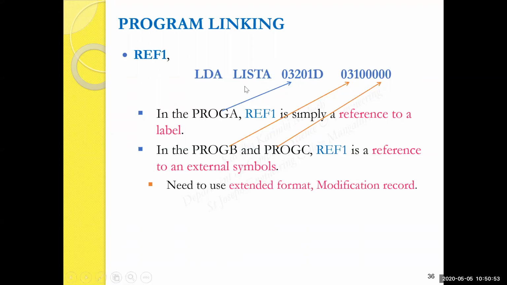Hence, the instruction is assembled using the extended format with the address field set to 0, and to enable the actual value of list A to be added to the address field, a modification record is used to instruct the loader on the necessary modification, that is, to add the value of list A when the program is linked.